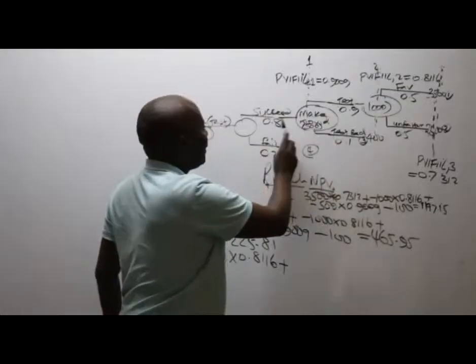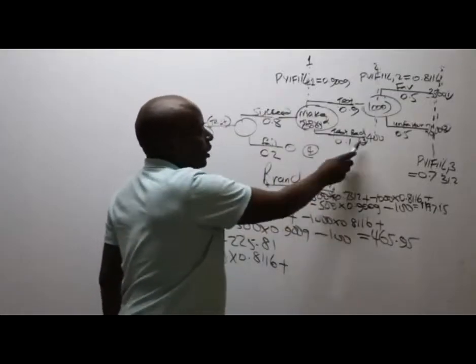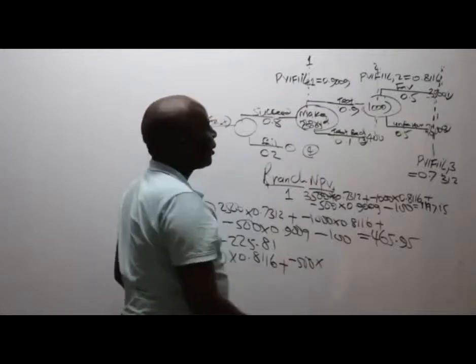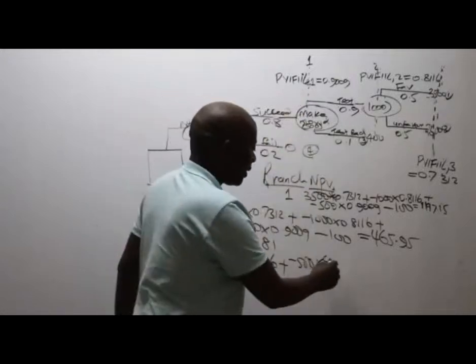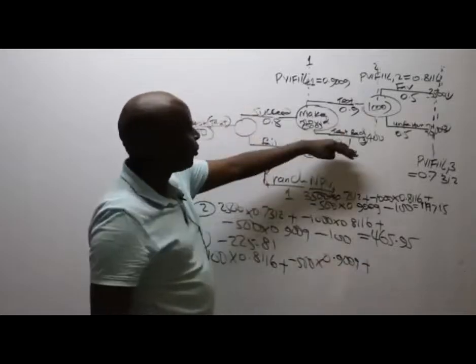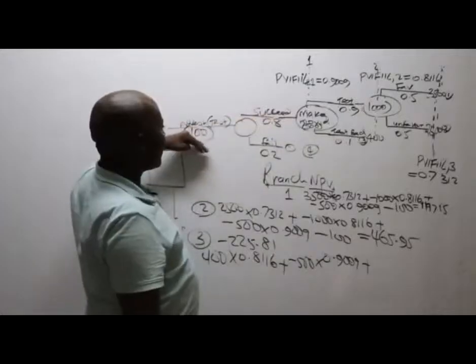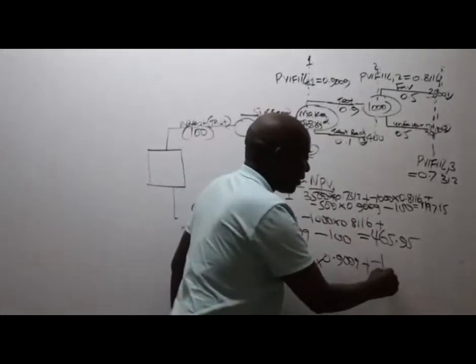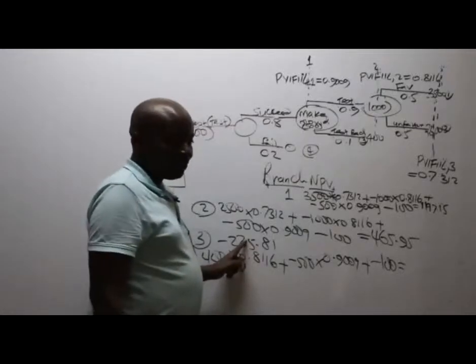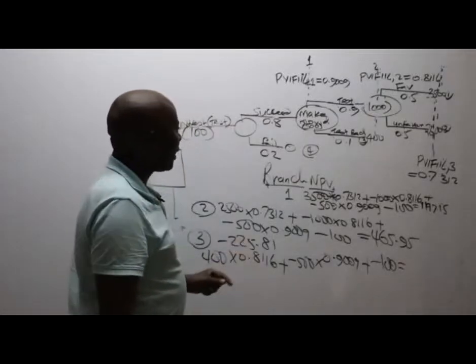So this is 400 discounted plus minus 500 discounted. When I discount this, I'll multiply with 0.9. Plus, I continue with my journey. The next cash flow is minus 100. This is what they did to get this figure, I suppose.